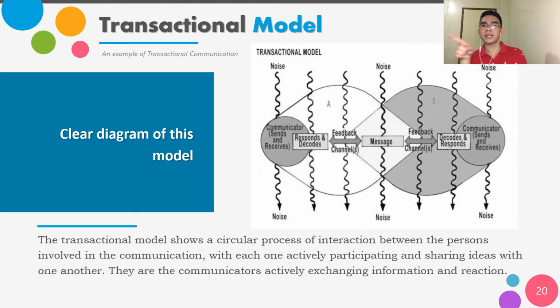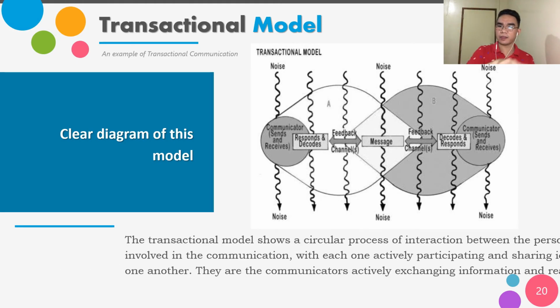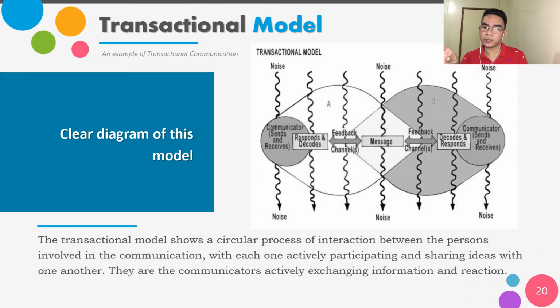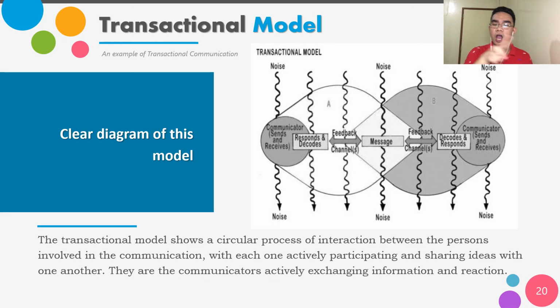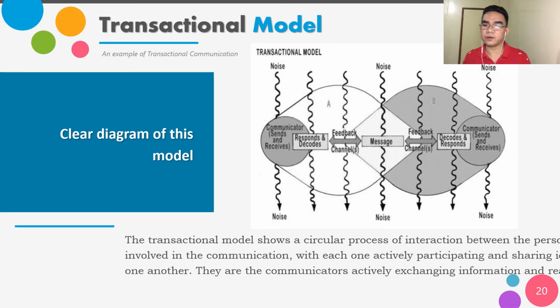So the message is passing by, either like this or going back and forth. Okay, next, the feedback and the channel is there also once again, and then the receiver will decode and at the same time respond to the message that has been sent, and that is an exchange of role already. Okay, that is an example of interactive model because there is an exchanging of ideas or information.